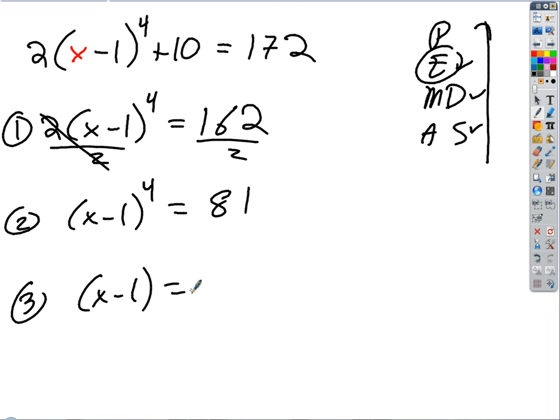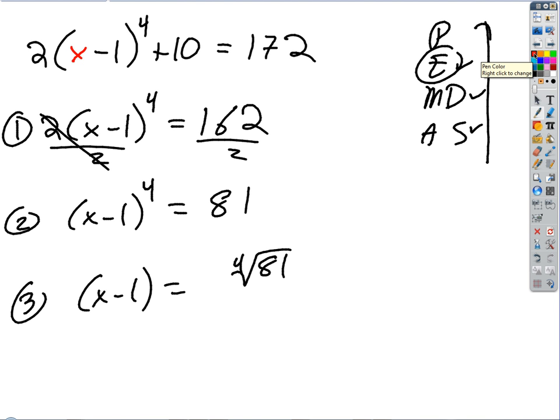I can write it as 81 to the 1/4 if I want to. That's fine. Or I can write it as the 4th root of 81. But I'm forgetting something. There's something very important that's missing.